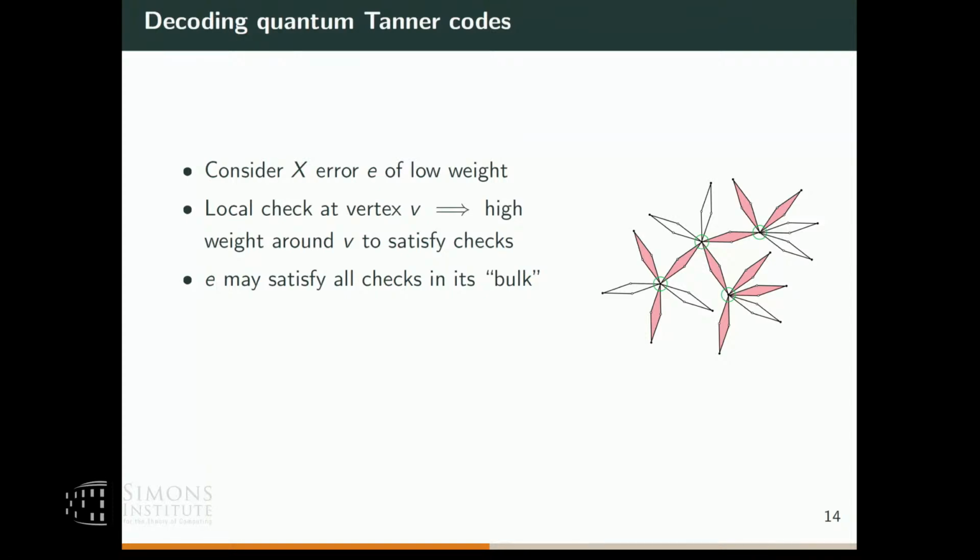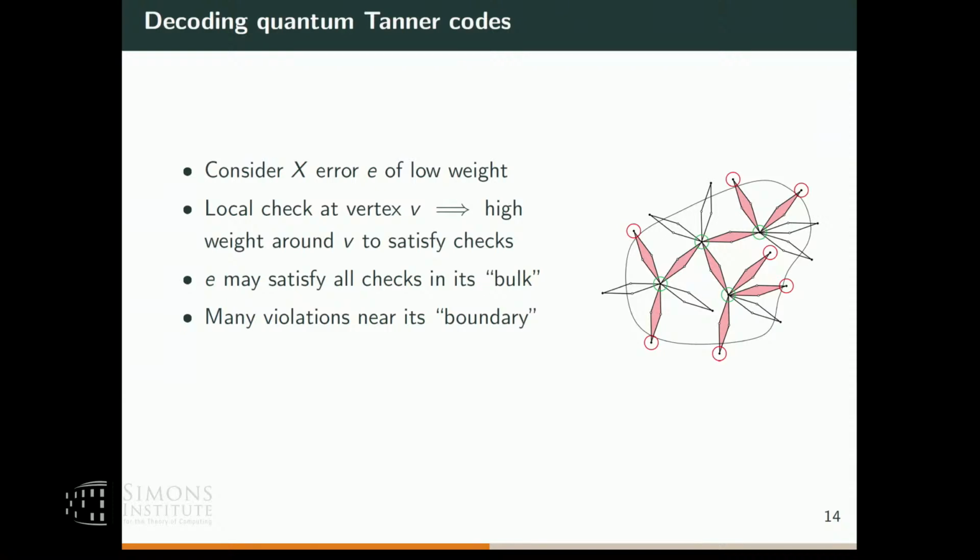So all of the checks in the bulk of this error region could be satisfied, in the worst case. But if we look at the boundary of this error region, then there's actually going to be a lot of violations, because let's say around this vertex, there's only one qubit that's corrupted, and the local code is not going to be happy with that. So you detect the syndrome at all of these boundary locations. And also because it's an expanding object, the boundary is going to be very large.